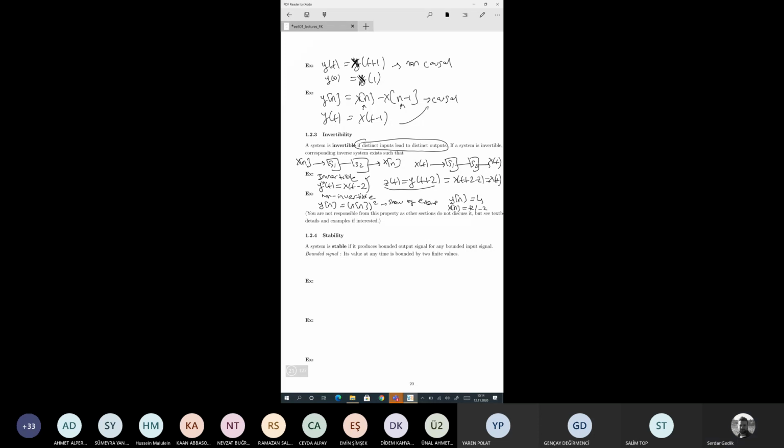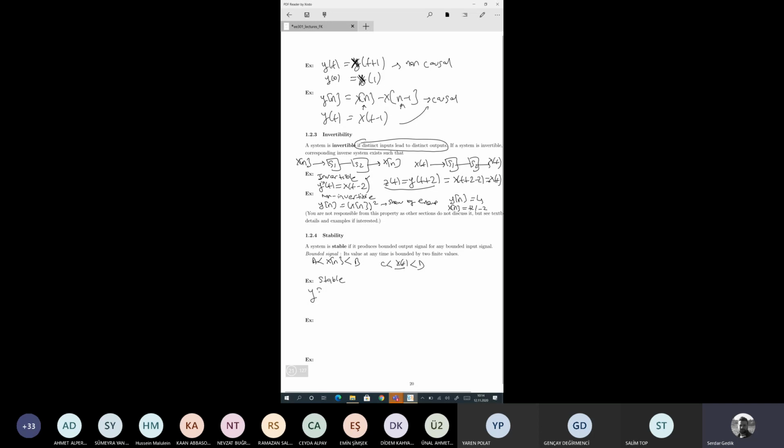If a is smaller than x of n and x of n is smaller than b, then I can say that x of n is bounded. Or if x of t is in the interval c to d, then this tells me that x of t is bounded.